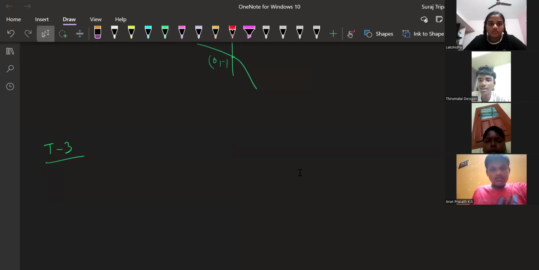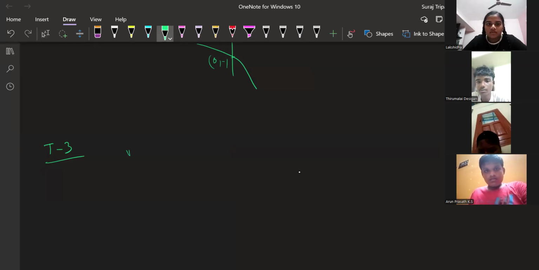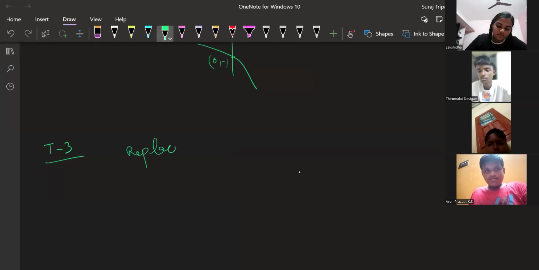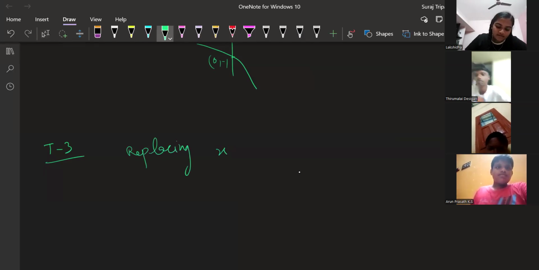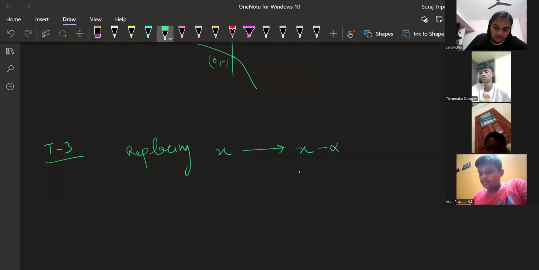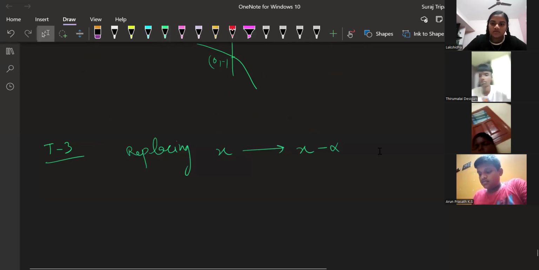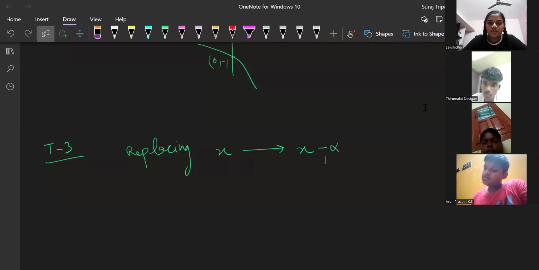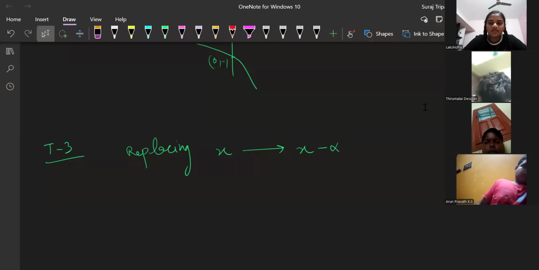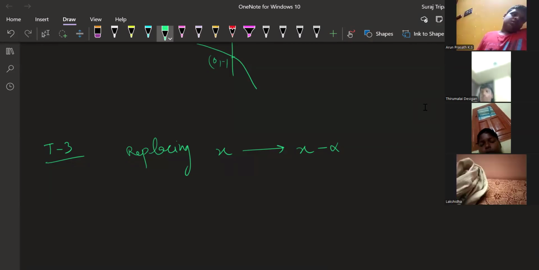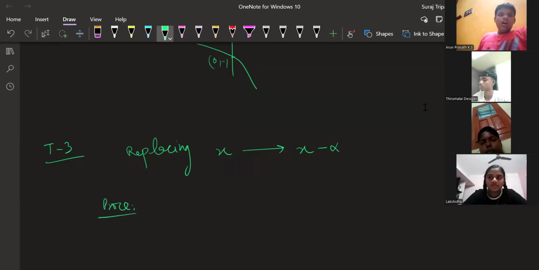Right. So here, if we are replacing x with x minus alpha, right? So the procedure is we have to shift the entire curve.